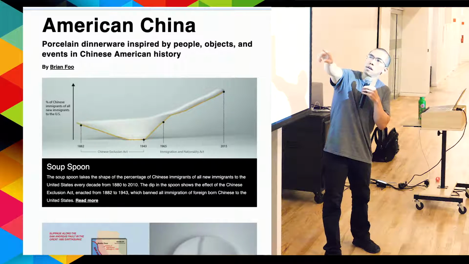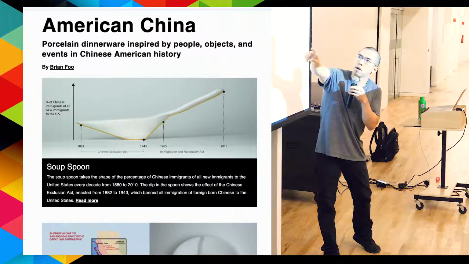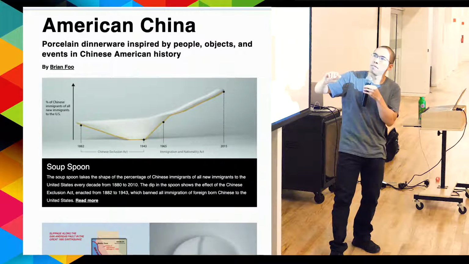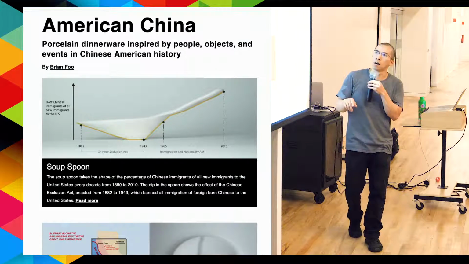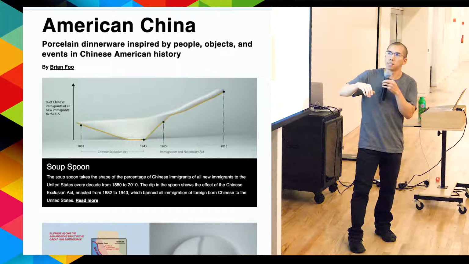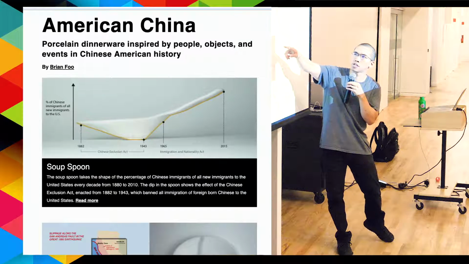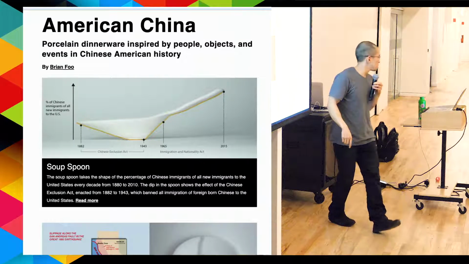You see before the Chinese Exclusion Act, it was a certain number, and then over time there's a drop, and then around the Second World War, when China allied with the United States, they lifted the ban. And then there was another Immigration and Nationality Act in 1965, which increased that further.